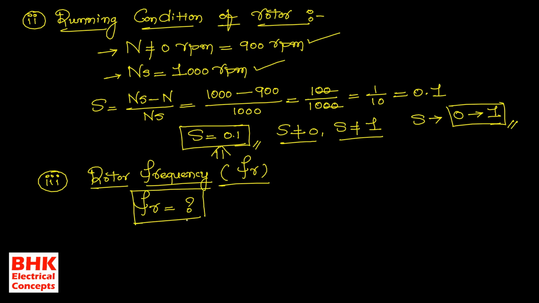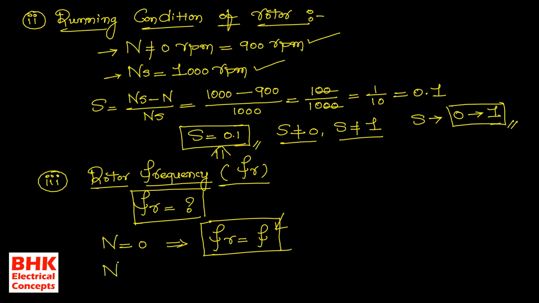Now, rotor frequency is always the same as the supply frequency in case of standstill condition of a rotor. It means when the rotor speed is 0, rotor frequency follows the supplied frequency. Where f represents the supply frequency, under standstill condition the rotor frequency is equal to the supplied frequency.